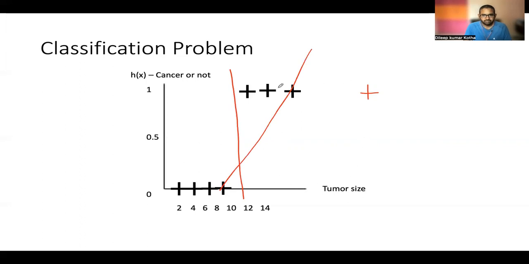So as you can see, this particular tumor sizes indicate the person has cancer, but our line goes in such a manner that indicates that these particular tumor sizes people don't have cancer. And this is a major mistake. It should not happen that way. That's the reason a linear regression doesn't fit to solve the classification type problems.